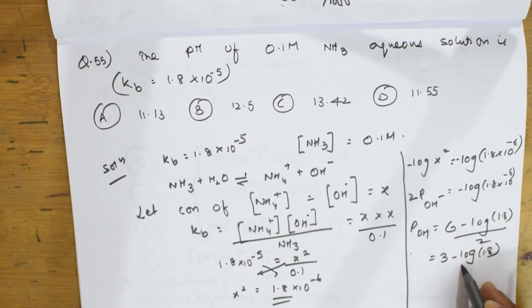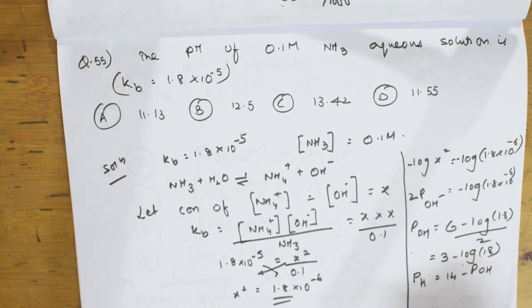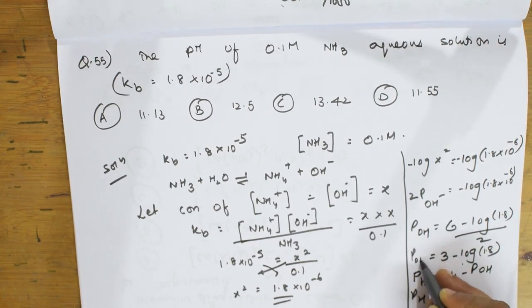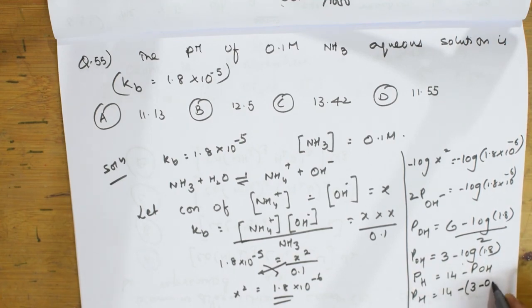Okay, done. So we very well know pH is equal to 14 minus pOH. So 3 minus log 1.8 is 0.127.